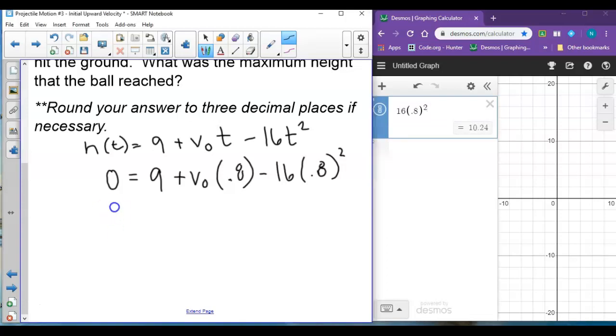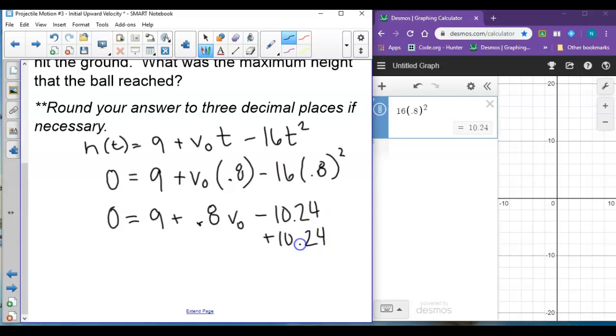So we've got 0 equals 9 plus v sub 0. Actually, I like to write that 0.8 first. I think it just is more customary. And this is 10.24.